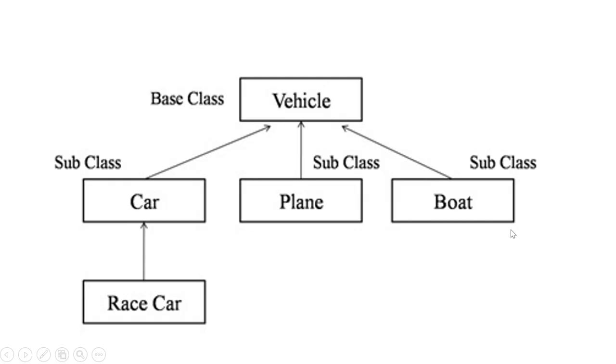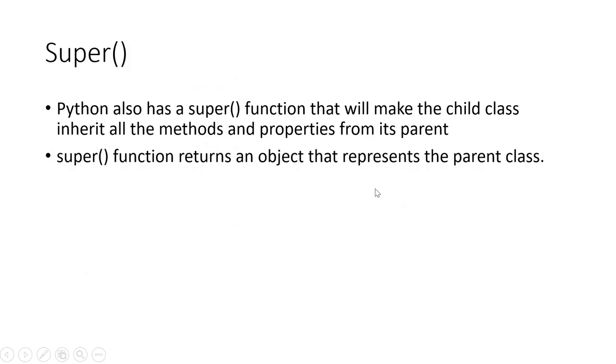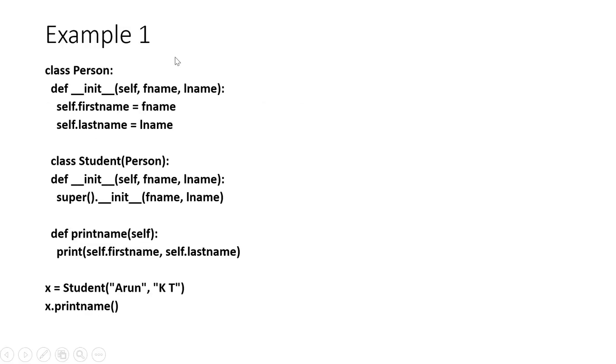For boat, class boat, within the brackets we mention vehicle. Now let us see a keyword called super that will be used in this programming, which is used to inherit the methods and properties of its parent class. If you are calling from a child class, it automatically inherits the properties and methods of the parent class. We will see with an example.